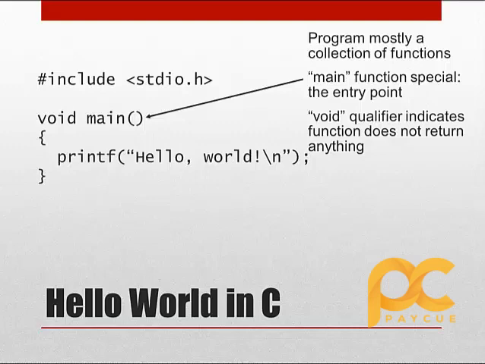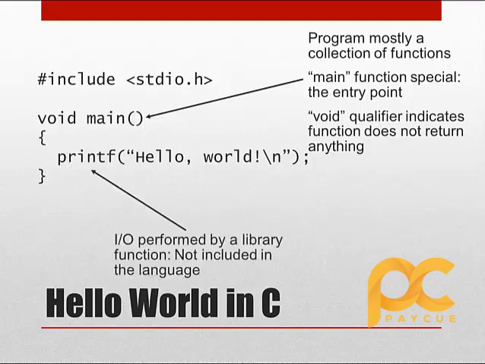Void is the qualifier which indicates the function does not return anything. Printf is a library function which is not included in the C program, but is defined in stdio.h. It performs the IO operation.